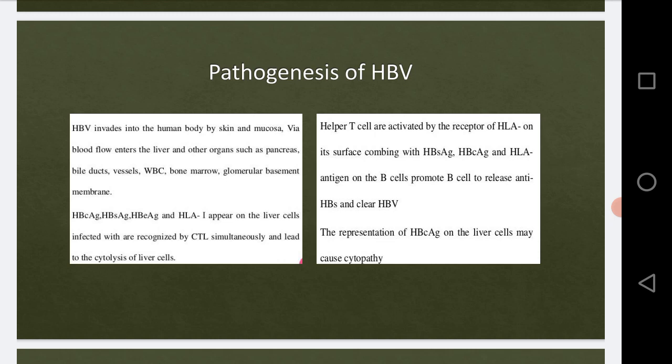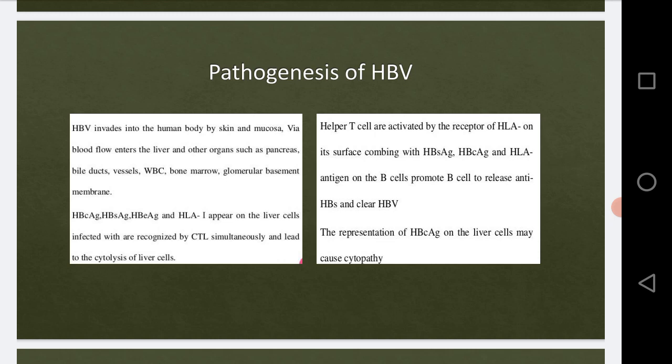Now what will happen? The B cells, which are responsible for antibody production in our body against a pathogen, against the outsider entity that comes into the body, are the cells responsible for developing antibodies against it.